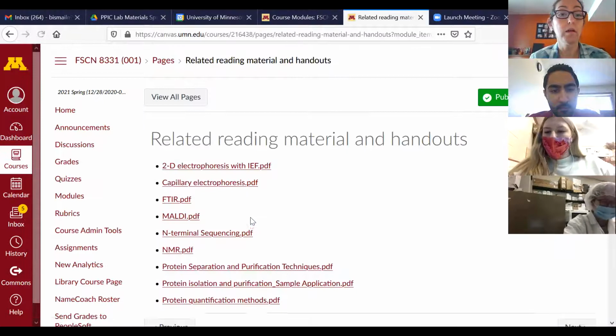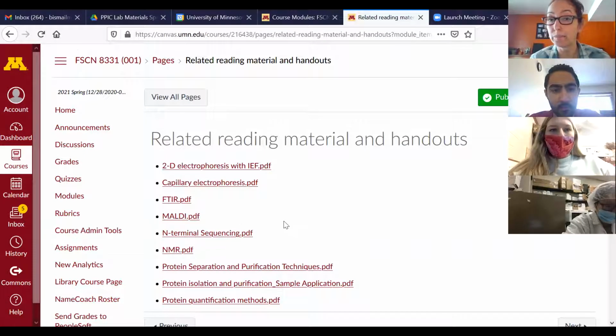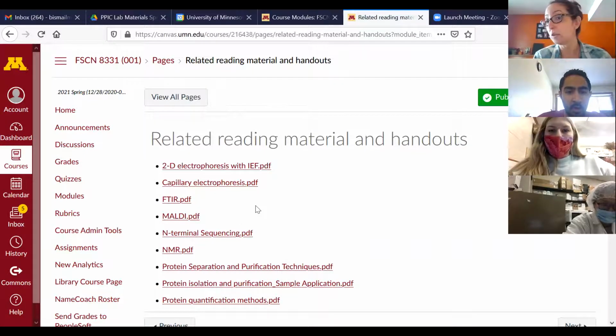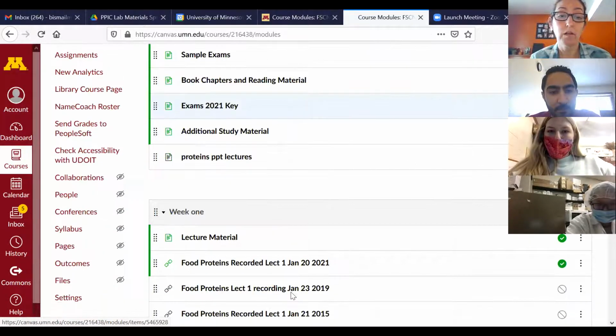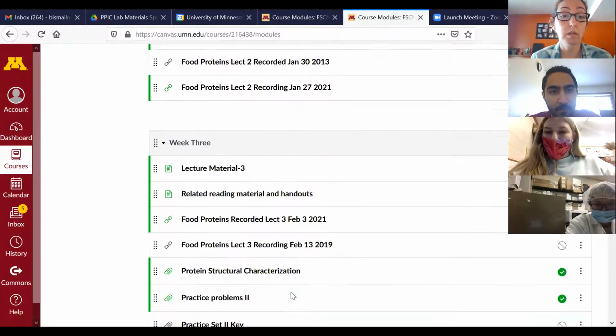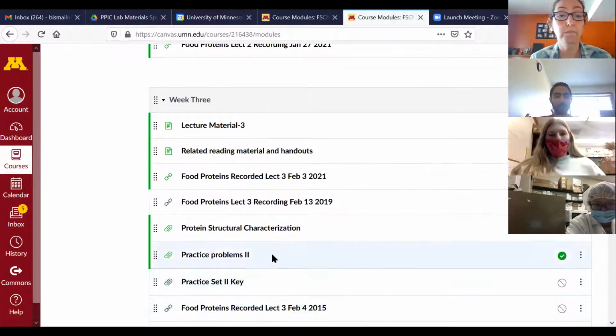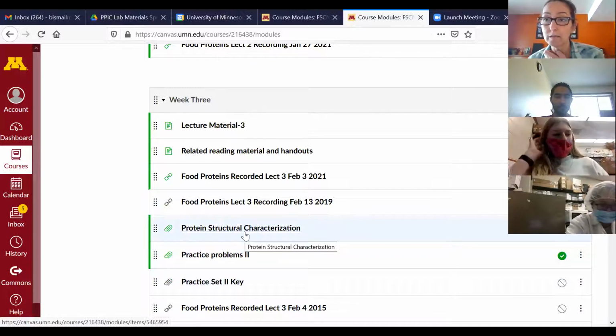If you go here, I have developed a document for each type of analysis that summarizes principle and applications. So you can use that as a resource. Also, I have developed another document here, protein structure characterization.